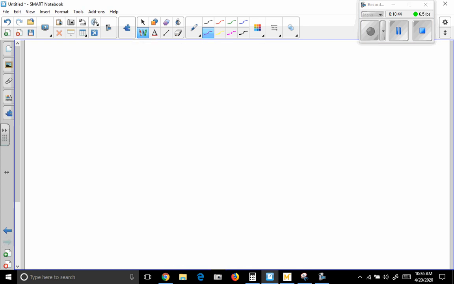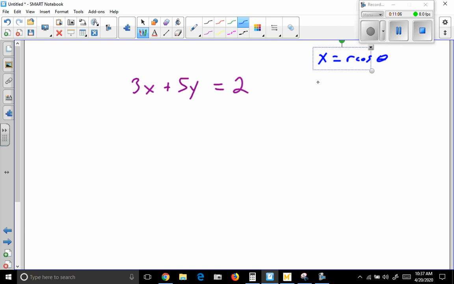Another exercise we have is converting equations from rectangular to polar or polar to rectangular. So let's go from rectangular to polar first. So if we have an equation like this, it is the equation of a line. So remember our formulas. X is r cosine theta.